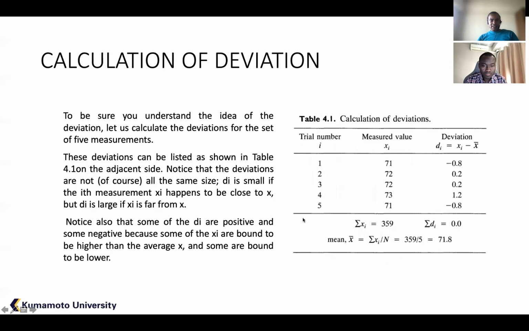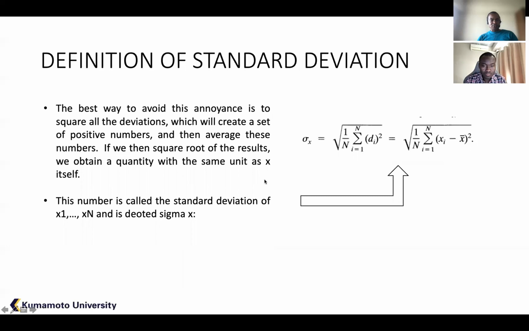Now, the deviations alone have some weaknesses, because you might end up getting negative values which can be added together to obtain zero. They can cancel each other. So it is going to be very difficult for you to ascertain how far the values differ from the mean. That's where you apply the standard deviation to help us sort out that problem.